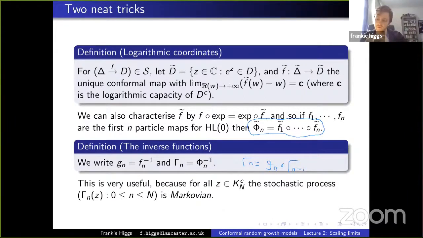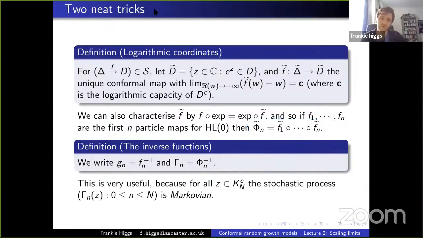And this function is chosen uniformly at random from, so all these functions, g_1 up to g_n, they're independent and identically distributed in the space of functions. And so every single time, z is moving according to an IID distributed increment. Well, not necessarily increment, but what's happening to it depends only on its current position and on a new independent variable. So gamma_n of z, it's a Markov process.